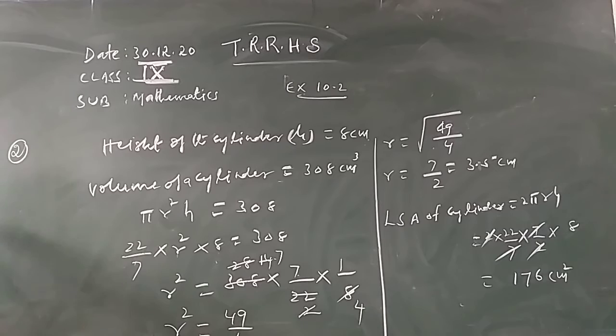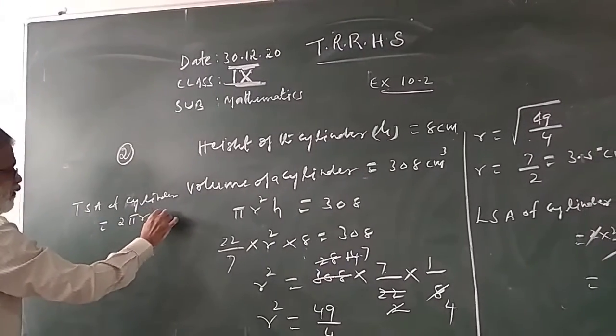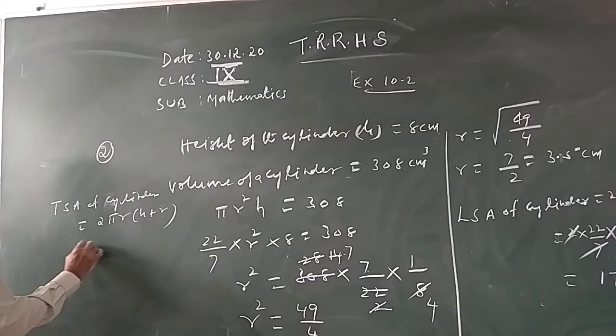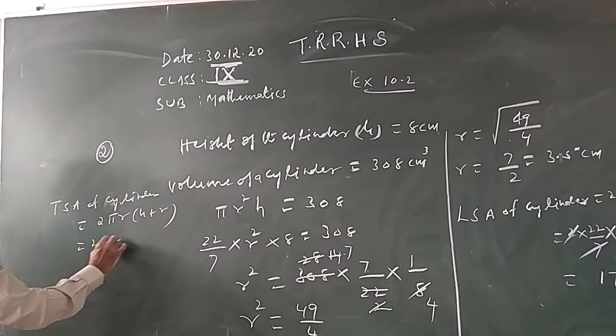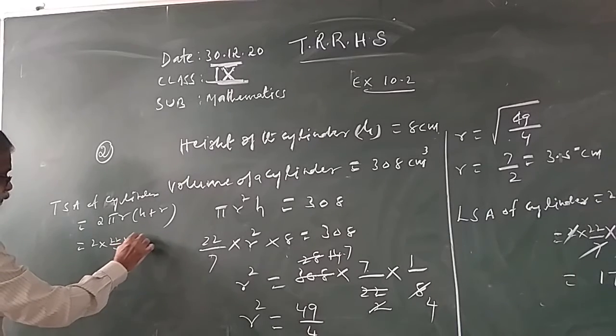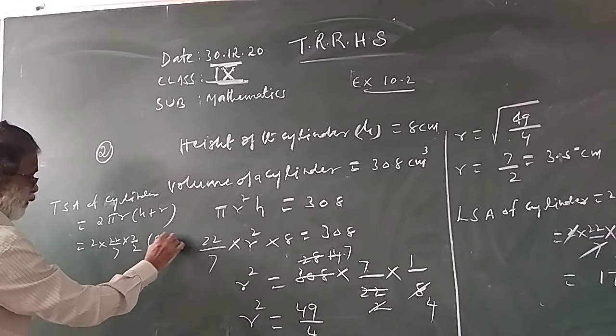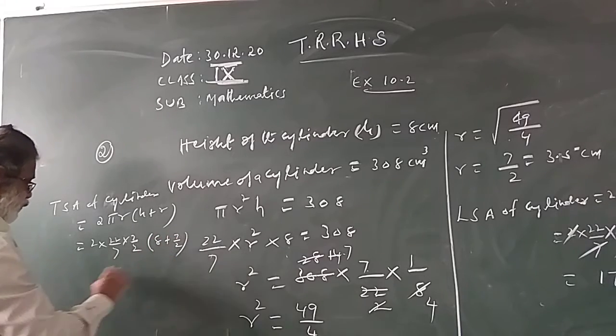Now find out PSA. PSA of cylinder is equal to 2 pi r into h plus r. 2 into pi, 22 by 7. Radius is 7 by 2. h plus r: h is 8, plus r is 7 by 2.